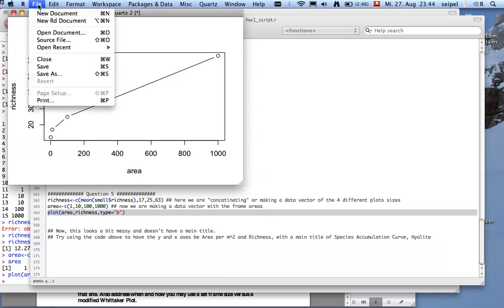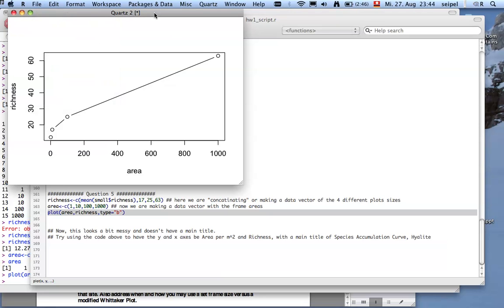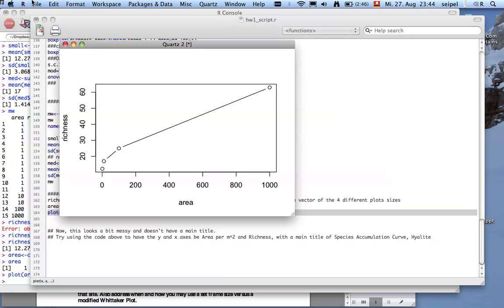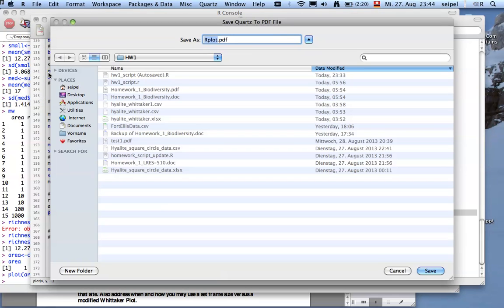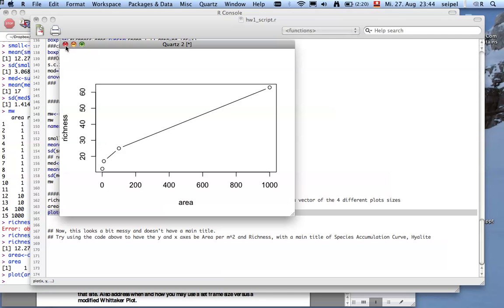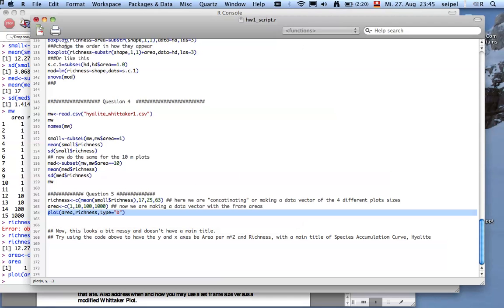Then what I usually do, while I'm highlighted on this box, is go to File, Save As. In R on a Mac, it automatically saves it as a PDF file that you can then edit in a lot of different programs. You can save that, and then you can insert that right into your report by saying File, Insert into the Word document that you use.